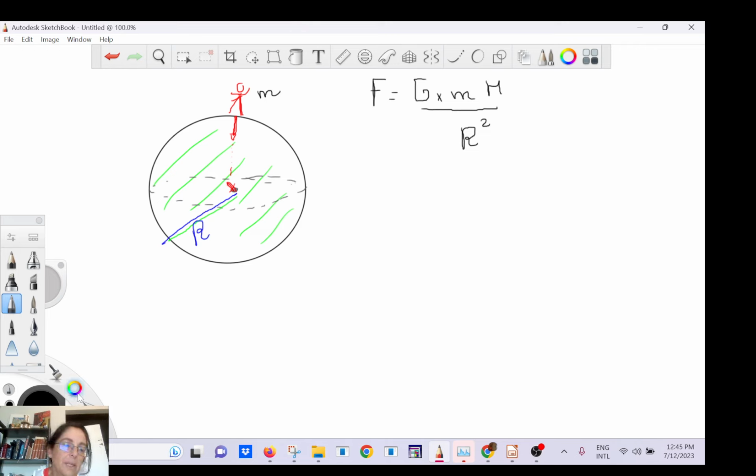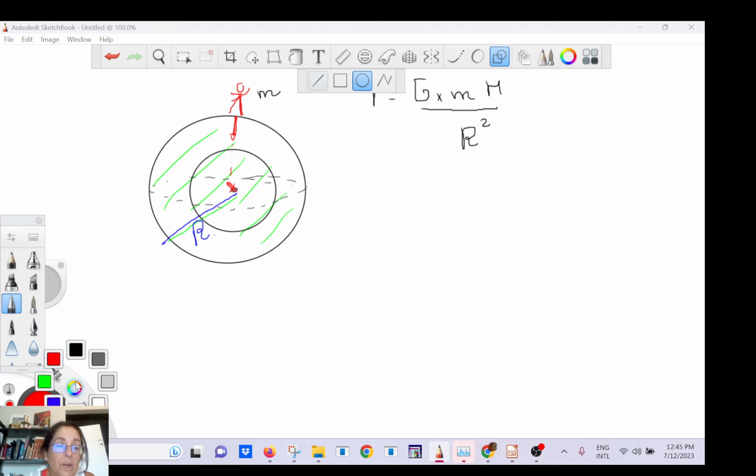Now, if instead you cut out a sphere here inside the Earth, let's say I have a tunnel.